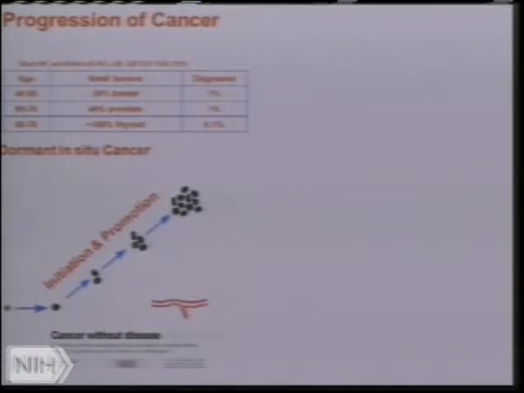At age 60 to 70, 46% of males present these lesions in the prostate. However, only about 1% of these lesions are ever diagnosed, meaning 1% of these people go to the doctor saying, I have a cancer. So what this means is that all the remaining cancers never developed.